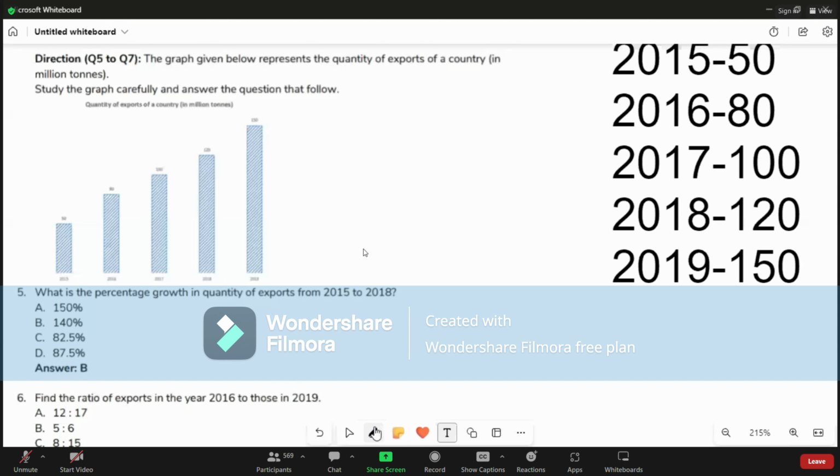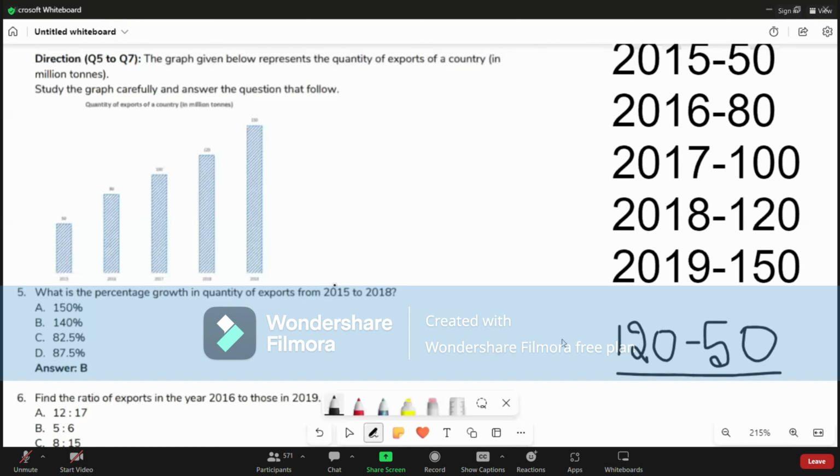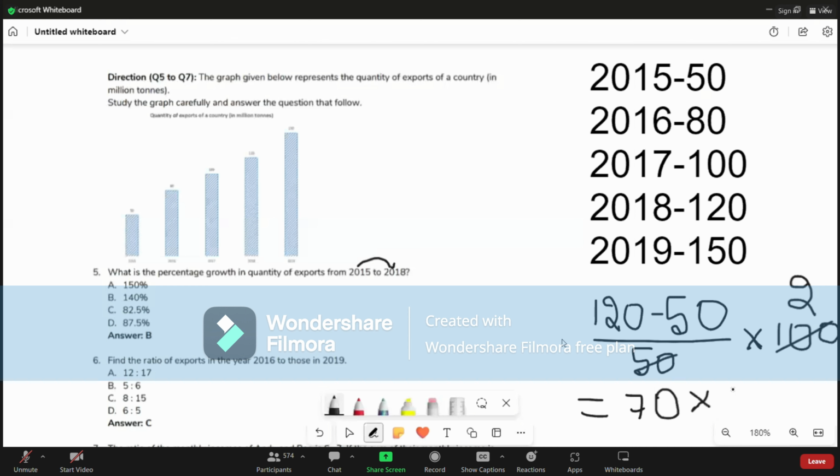For this percentage growth, you will be using the formula: in 2018, it is 120, minus in 2015 it is 50, divided by the initial value, since we are going from 2015 to 2018. 120 minus 50 is 70, and 70 into 2 is 140. So the answer for the first one is 140 percent.